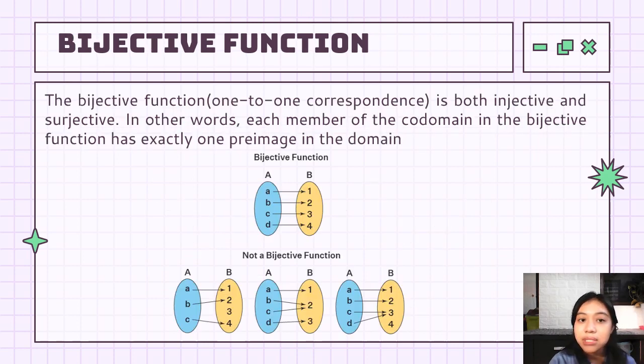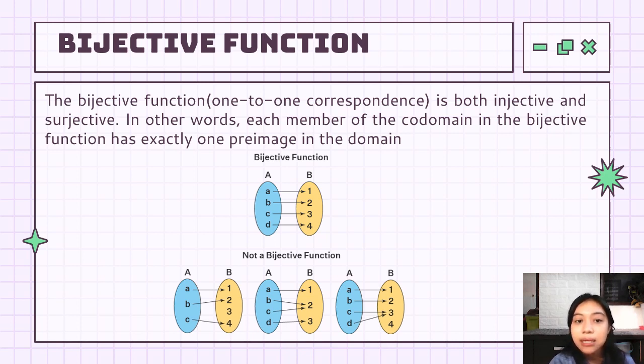And then bijective function. The bijective function or one-to-one correspondence is both injective and surjective. In other words, each member of the codomain in the bijective function has exactly one preimage in the domain.